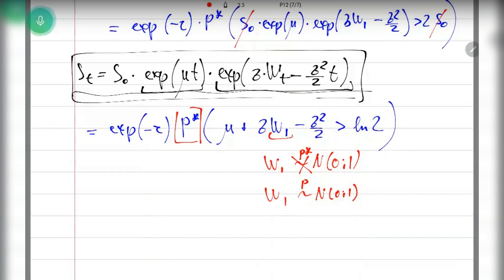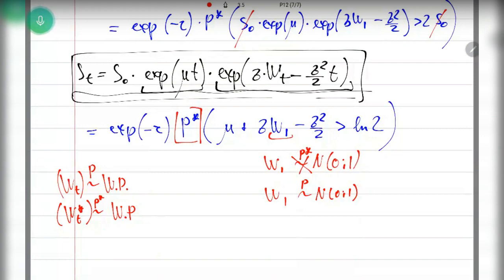It seems that we are stuck because W_T is not a Wiener process anymore because we use probability measure P star. So once again, W_T is a Wiener process under probability measure P, and W_T star is a Wiener process under probability measure P star. Hence, oops, we have a problem.